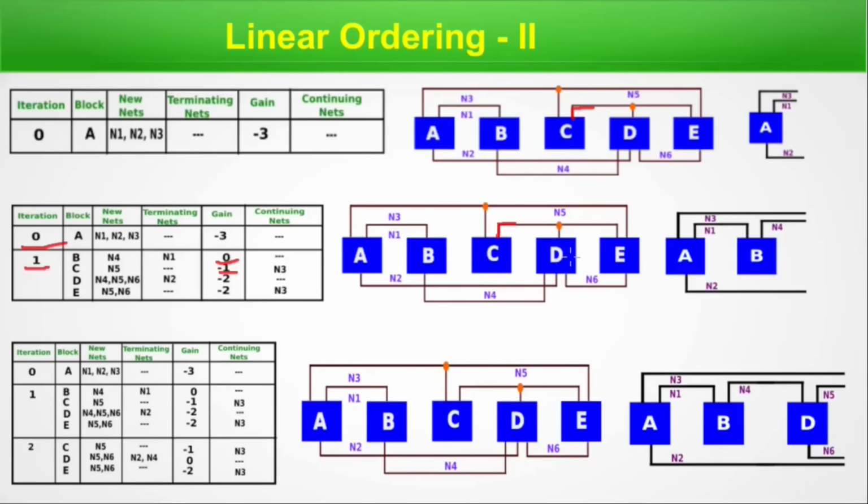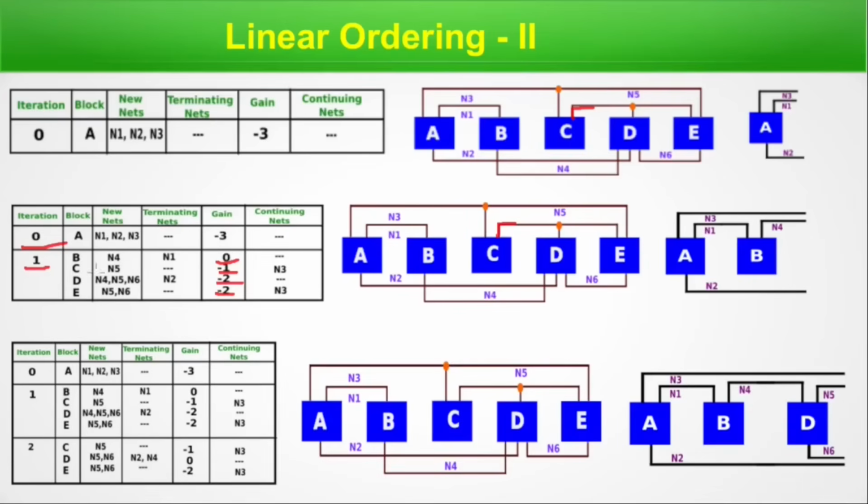So here gain is -2, and in E, N5 and N6 are new nets, and there is no terminating net. Continuing net is here, that is N3 is continued. So here also -2. In between all these three, which one has highest gain?